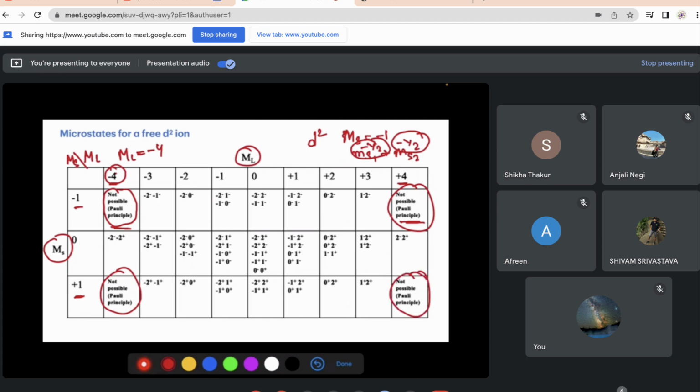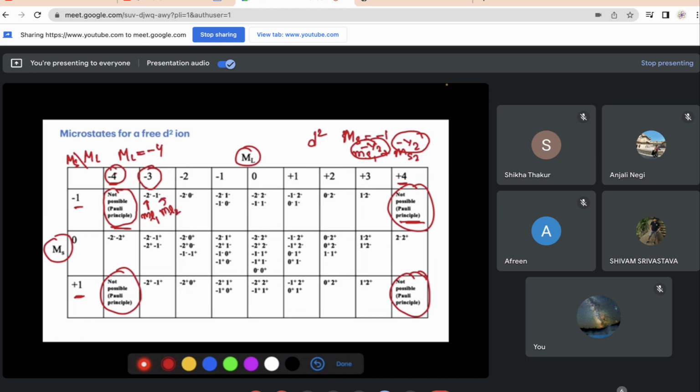And in the other spaces, for example, you can see that ml1 is, for example, minus 2, and ml2 is minus 1 here.